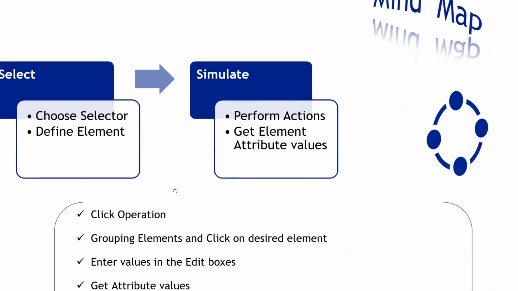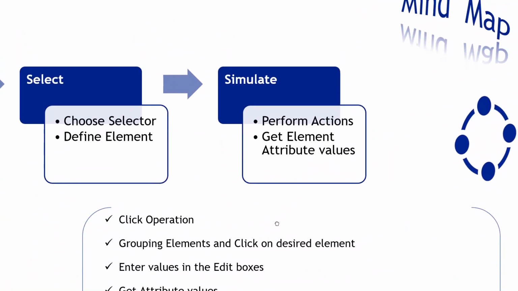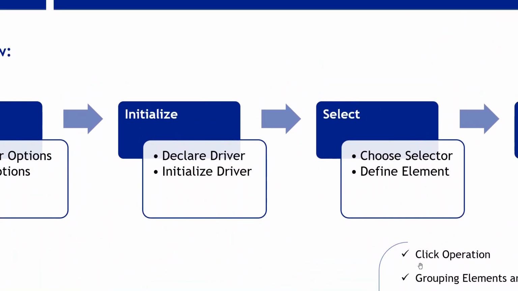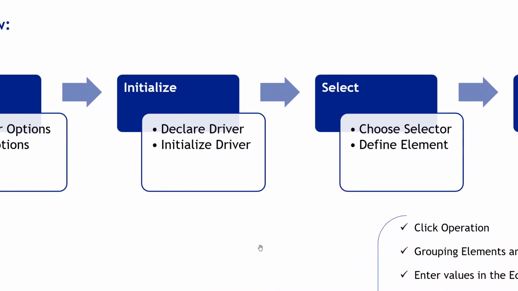Finally you have simulate, where you need to perform the actions. And if at all sometimes you want to have attribute values, you may use that information in the subsequent steps as well. So there are 4 features that I'm looking at: define, initialize, select, and simulate. These are the 4 that a script in any open source automation will follow.